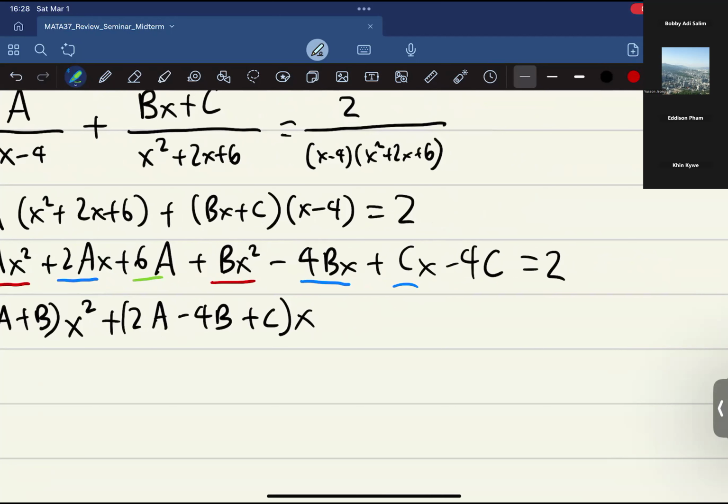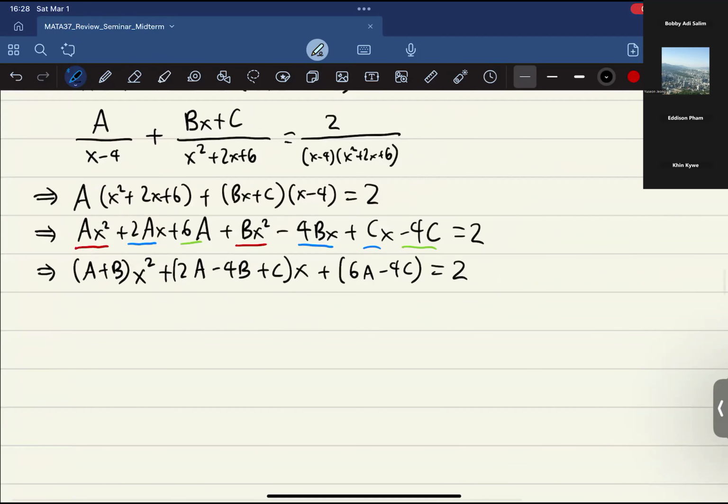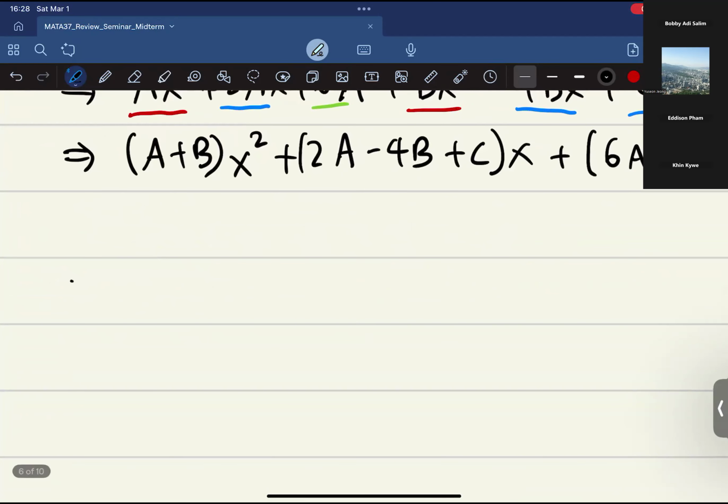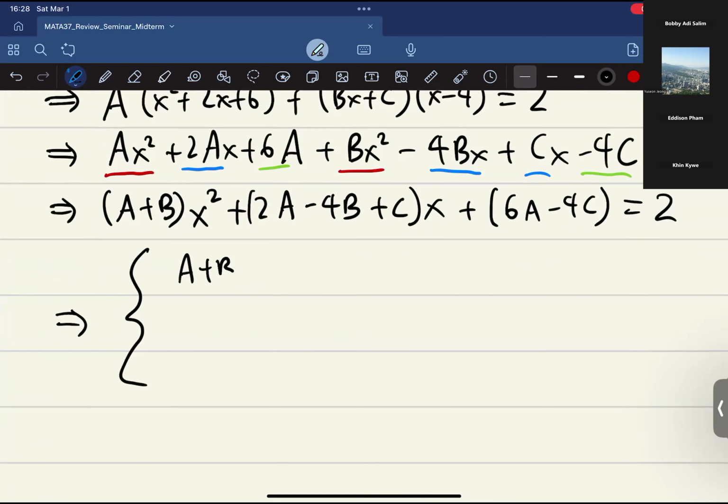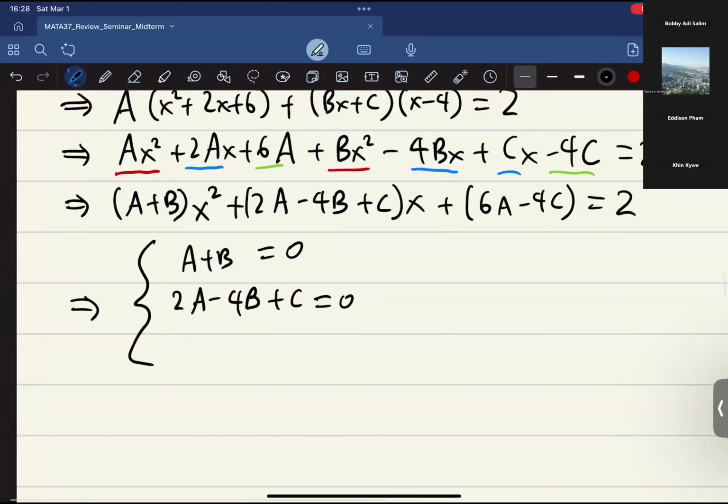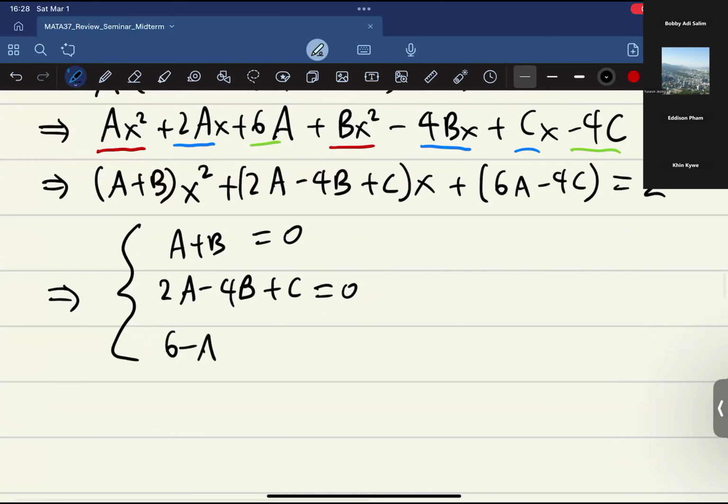And lastly, for the constants, we have 6a and minus 4c. And this is all equal to 2. So here we have a system of equations. a plus b equals 0. 2a minus 4b plus c equals 0. And 6a minus 4c equals 2.